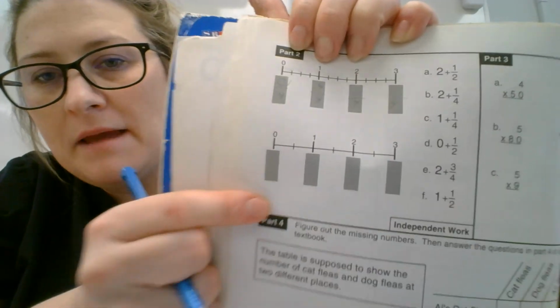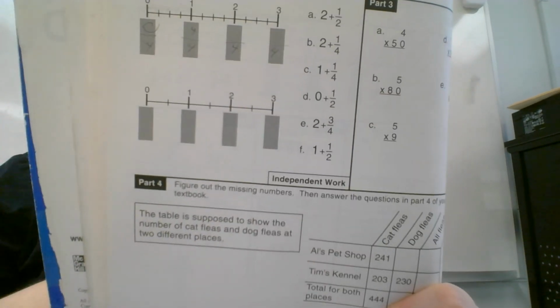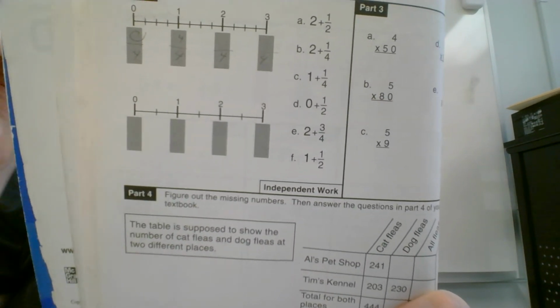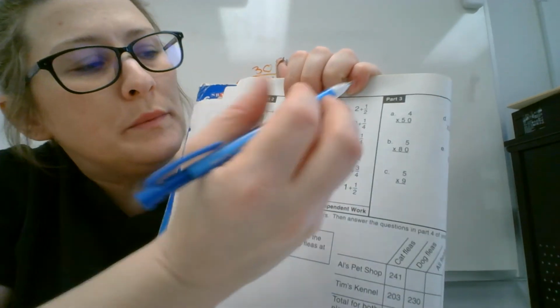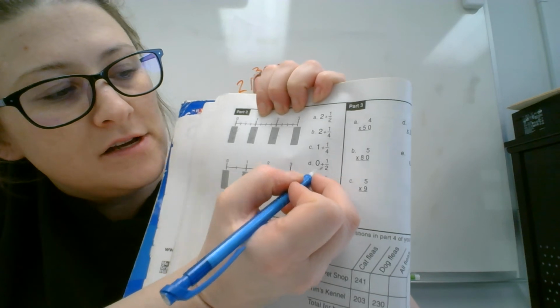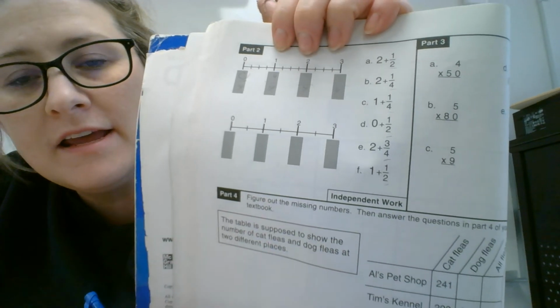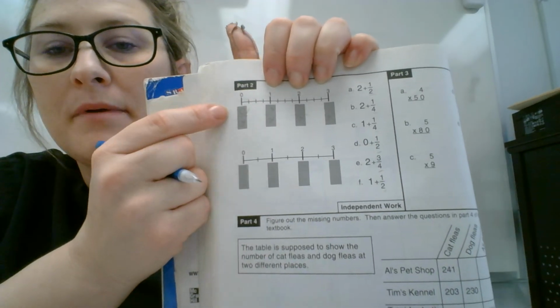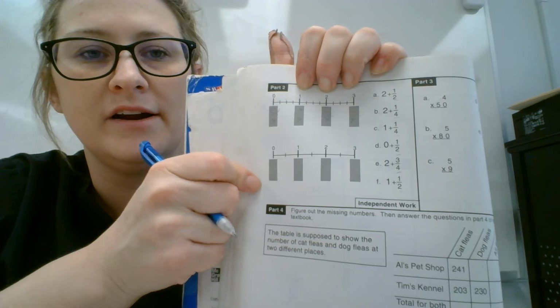I want you to do the same thing to this number line. All right, now when we look at our fractions, you see the different denominators, so you can tell which one goes on which number line. If it has a 4 as its bottom number, it's going to go up here. If it has a 2 as its bottom number, it's going to go down here.